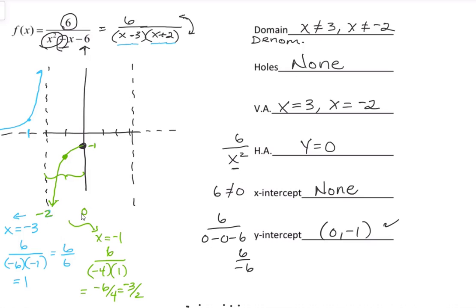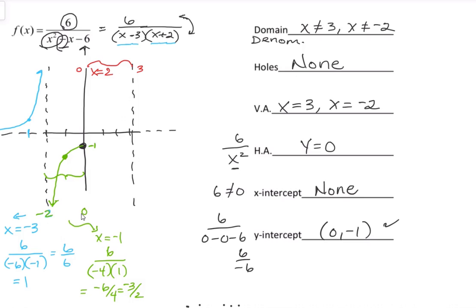Next spot we're going to move to is in between the y-intercept and this vertical asymptote. So that means in between 0 and 3. I'll pick x equal to 2.